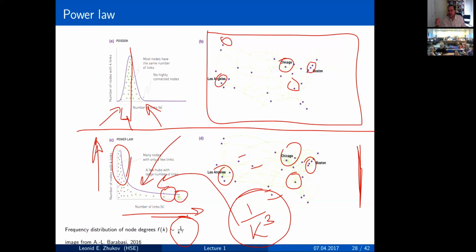Right, so it's the 80-20 story, for example: 20% of the people have 80% of the values in the world. So that's the same story, and we're going to be seeing it a lot.